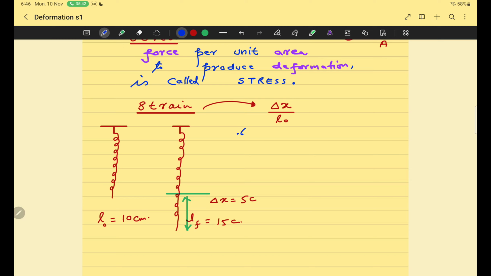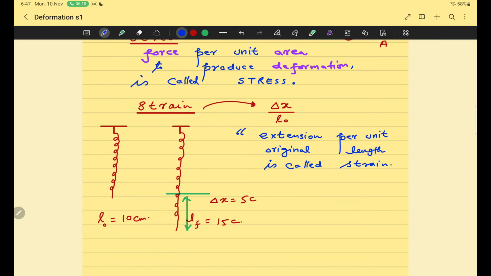So the definition of strain: delta x is extension, and extension per unit original length is called strain.